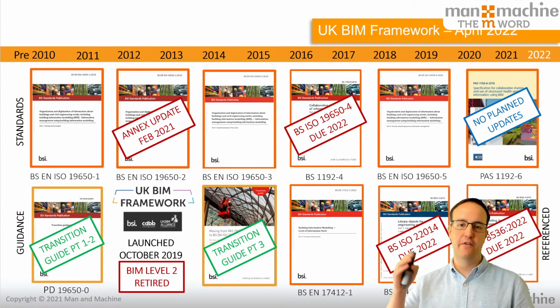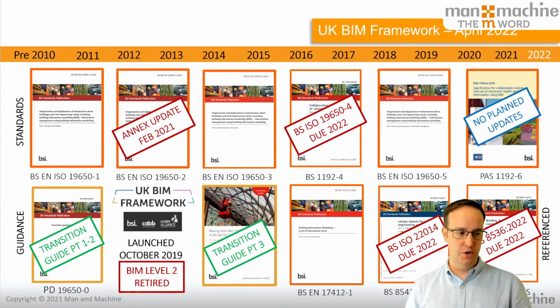This is constantly evolving and will continue to evolve with the launch of the UK BIM framework back in 2019, when BIM Level 2 as a terminology essentially was retired with the documentation there. We now have the UK BIM framework, and that's really gaining momentum and allowing us to really push this forward.